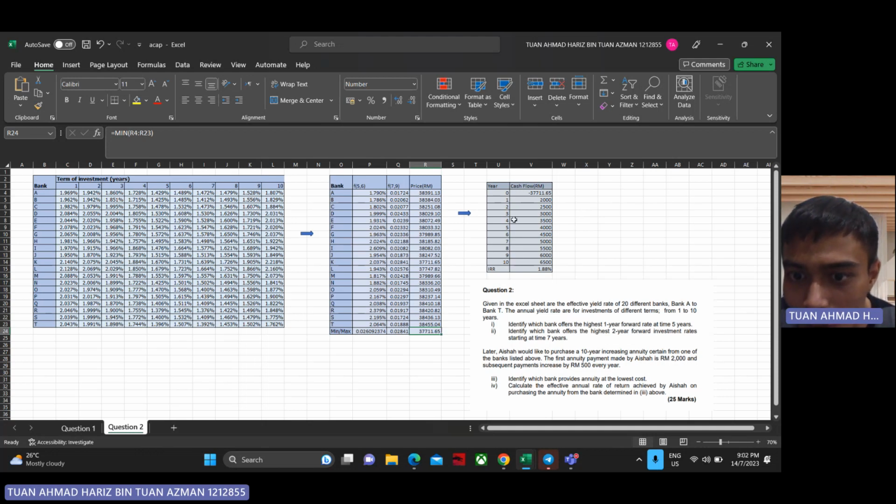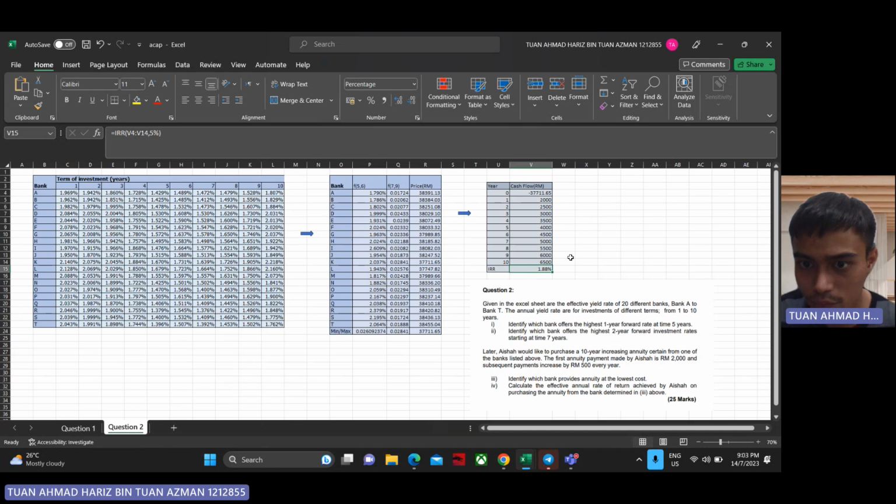And then from year 1 to 10, we just put our annuity payments, from 2,000 and then increasing by 500: 2,500, 3,000, 3,500 until year 10, which is 6,500. And then we calculate using the IRR function given in Excel: equals IRR, and in the bracket click the V4 coordinate, our cash flow from the price at year 0 until year 10.